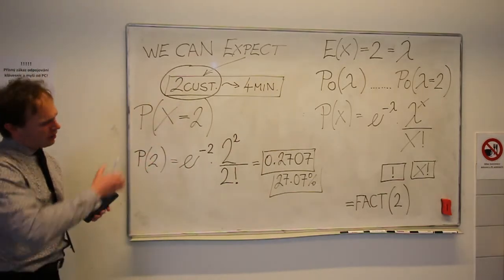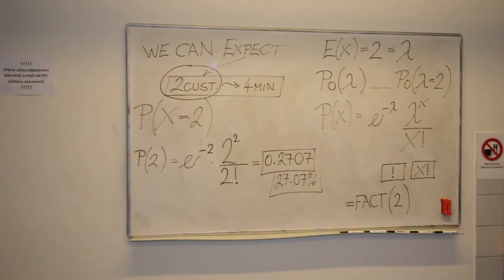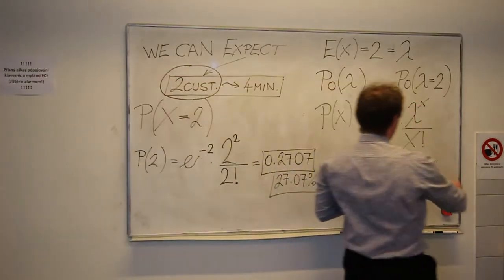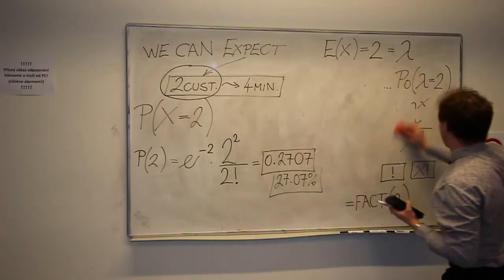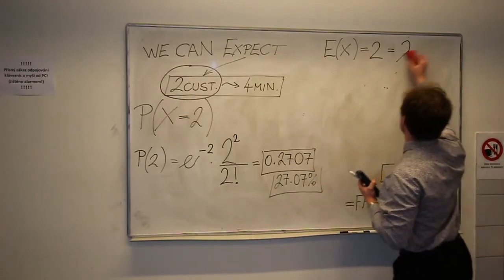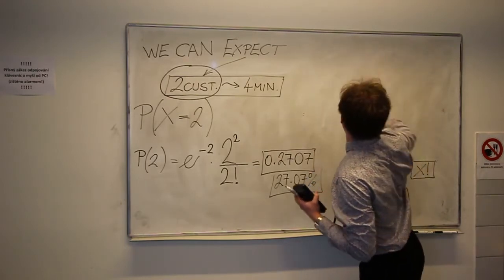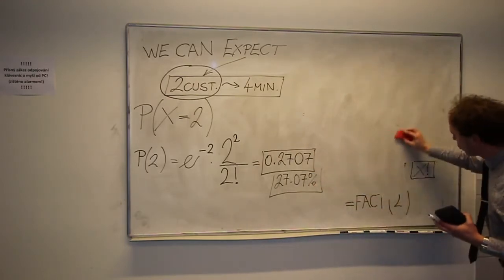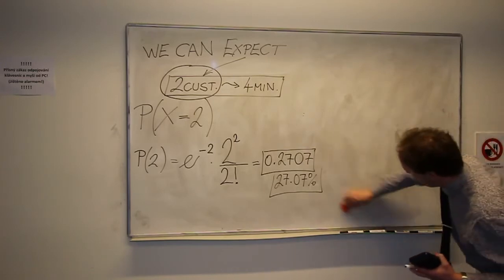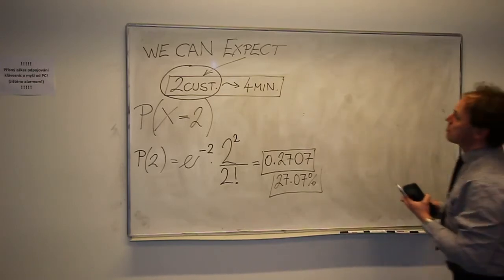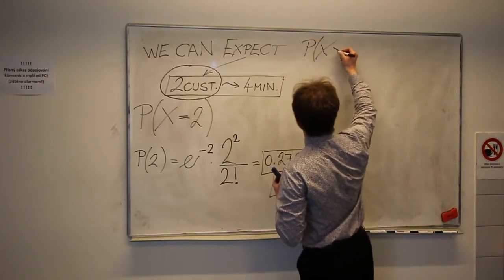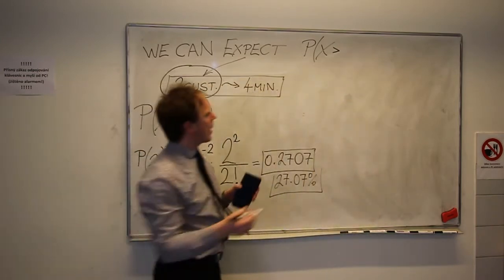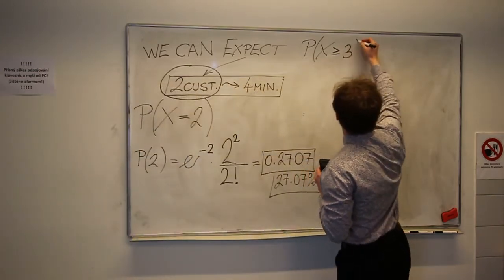Okay, and we can continue with B, at least 3 customers. We already know how to solve this, and I will delete this probability function and these parameters because we already know that our lambda is equal to 2. We are using the Poisson distribution, and we would like to calculate the probability that random variable x will be at least 3, higher or equal to 3, yes?